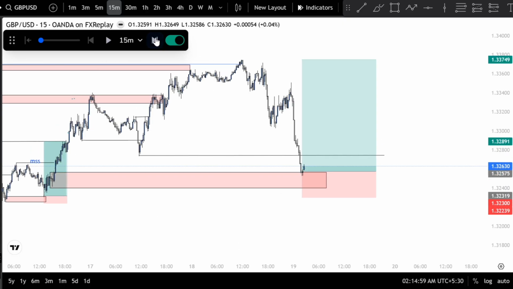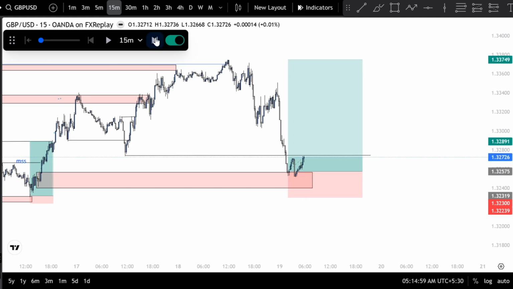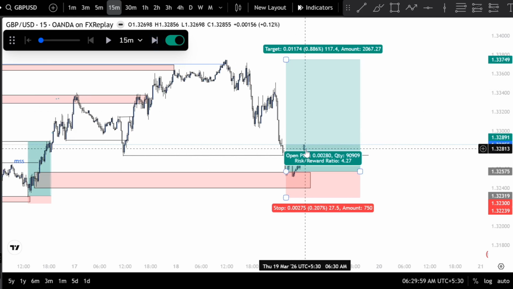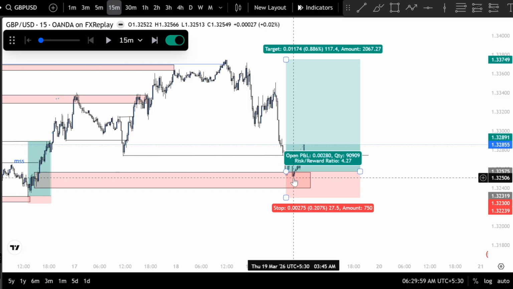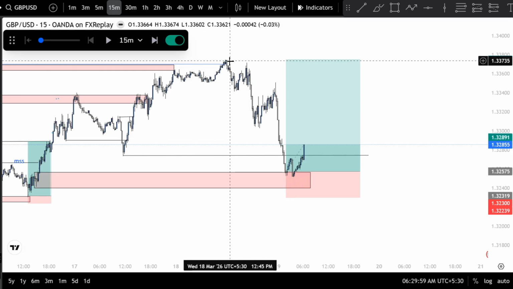So if we play forward, as you can see, price expanded, right? Proper POI, expansion, liquidity, liquidity, liquidity.